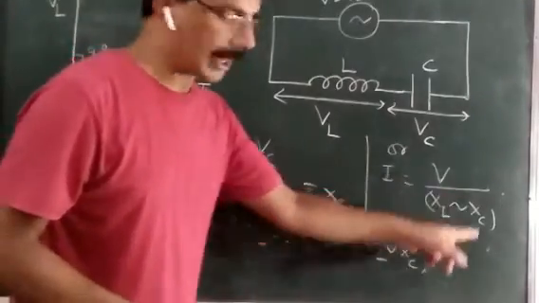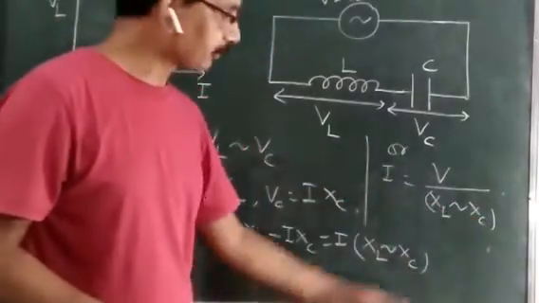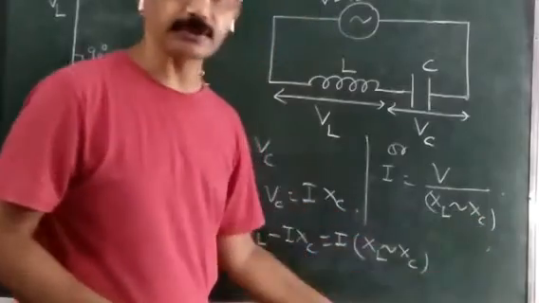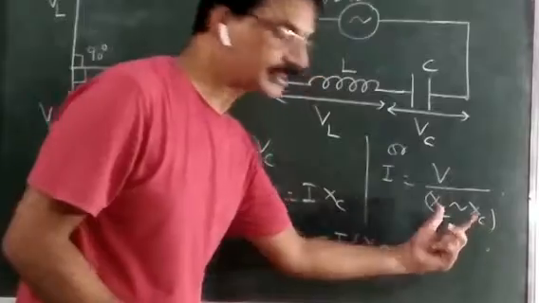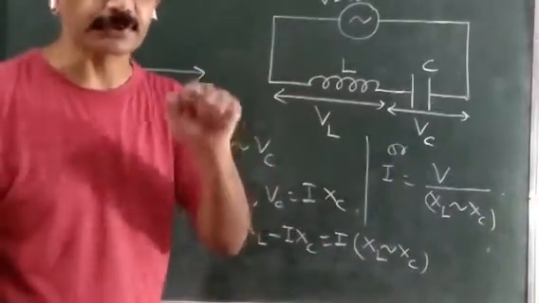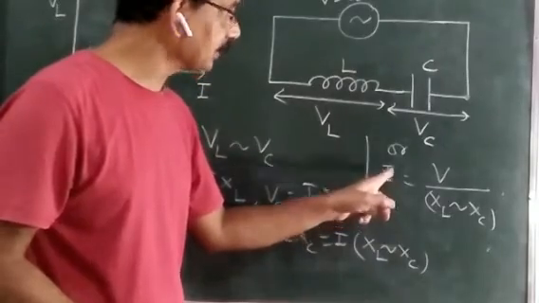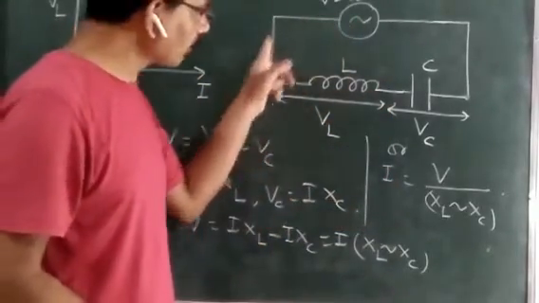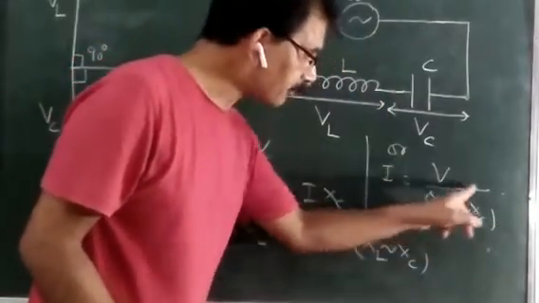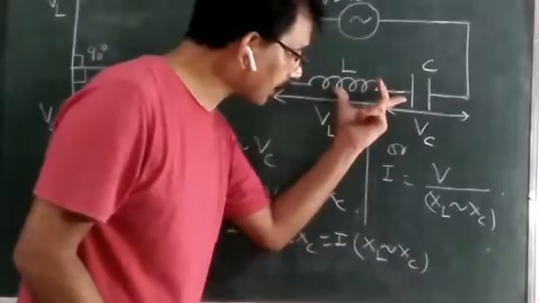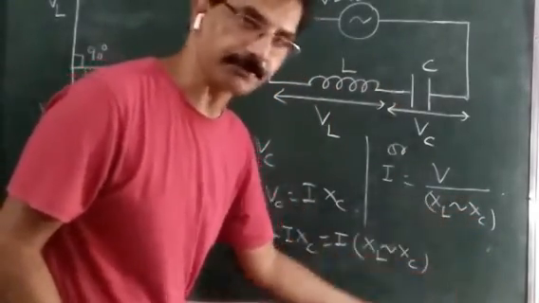By Ohm's law, I is equal to V upon R. It means this term, XL difference XC, is the effective resistance of that circuit. But that effective resistance is called impedance, not resistance. When you apply Ohm's law here, since the applied voltage is V and the current you have taken in the circuit is I, I is equal to V upon R. So this one is the equivalent resistance of this circuit, but it is called its impedance.